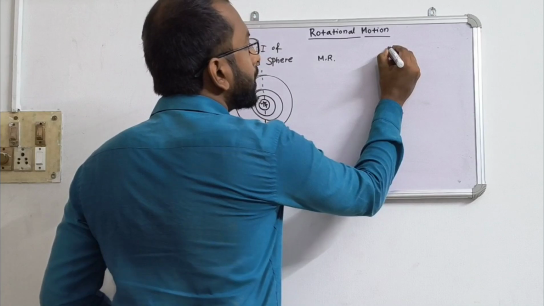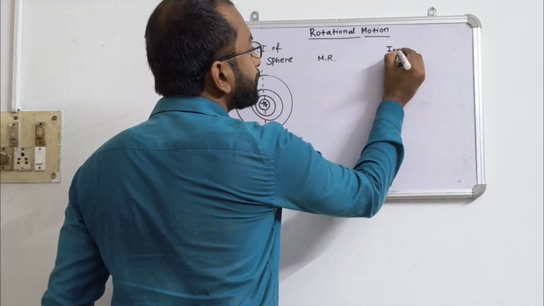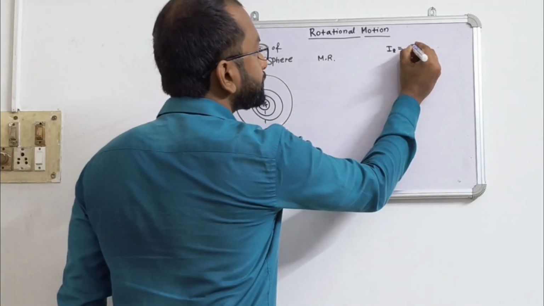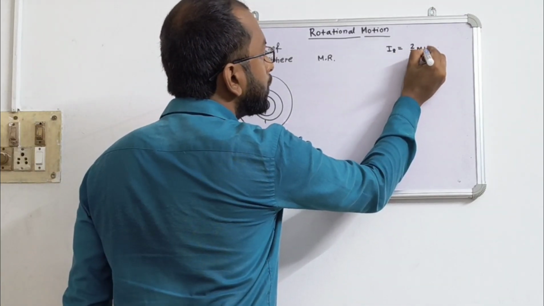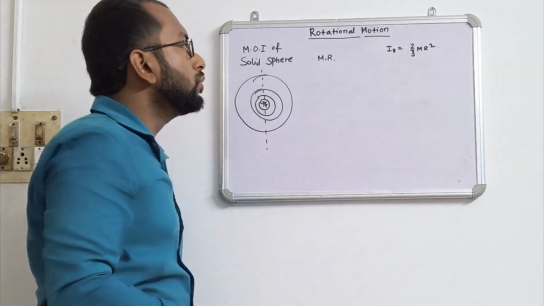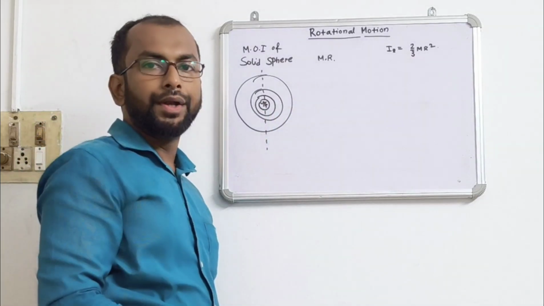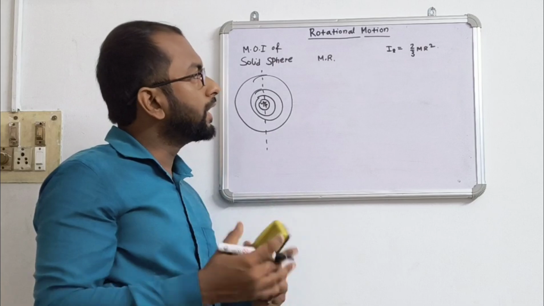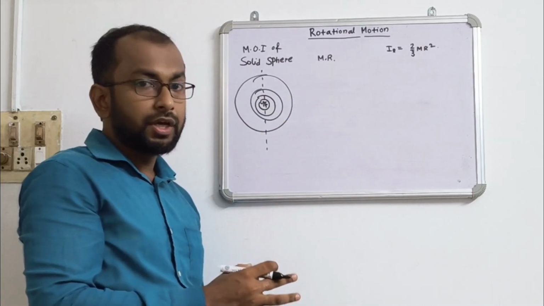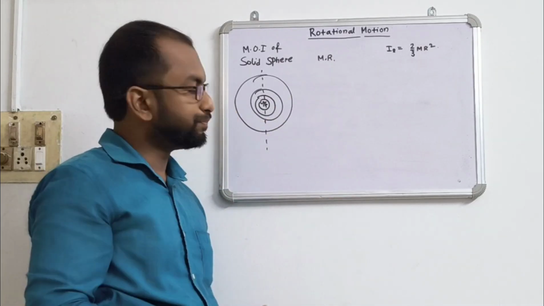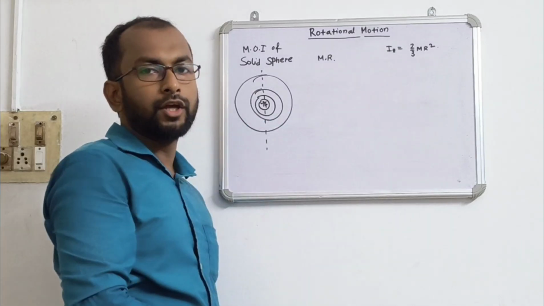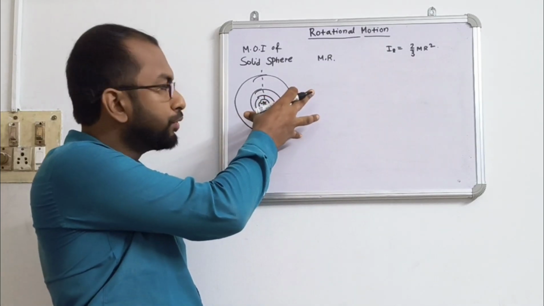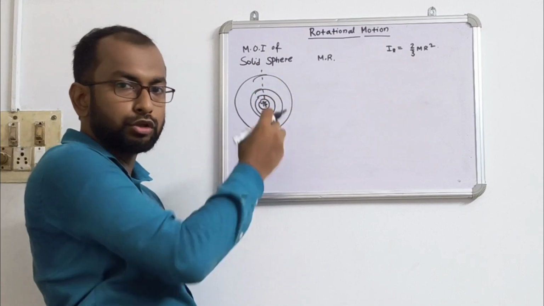Now for a hollow sphere, you know the moment of inertia with respect to the axis passing through the center is 2 by 3 into m into r square. Now, without even finding the moment of inertia of a solid sphere, you will be able to tell that the moment of inertia of a solid sphere of the same mass and the same outer radius will be less than that of the hollow sphere, because there will be some masses which are distributed towards the axis of rotation also.